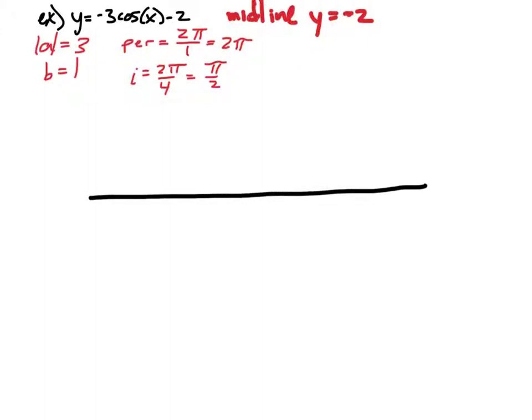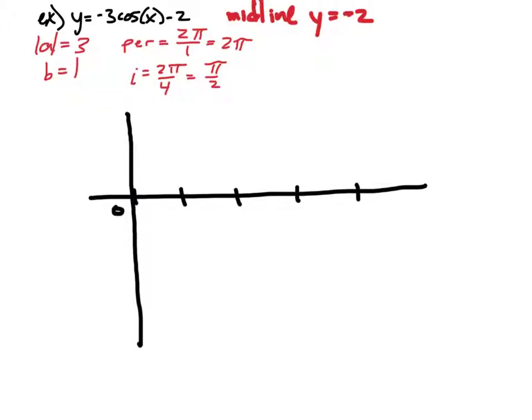Okay, what was the h? Since there's no shift left or right, the very first point is 0. Well, at 0, there's another axis. So, okay, now I need to get 4 more spots.